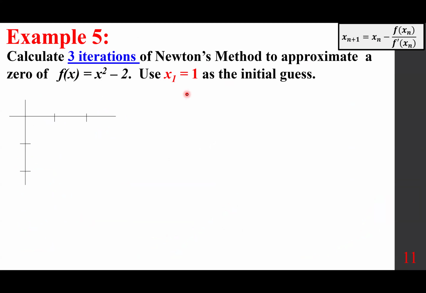So let's see what's going on here. f of x is x squared minus 2. We differentiate and get 2x. So x squared minus 2 is a parabola that is shifted down by 2 units. That's why this is 0, negative 2. And so we start with x sub 1 being 1 here.